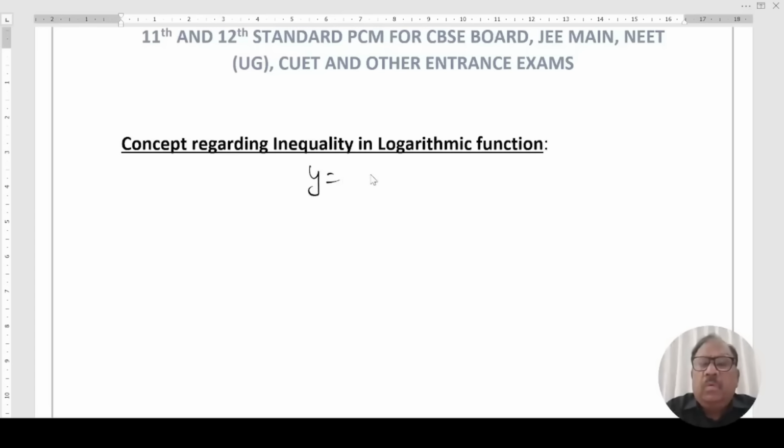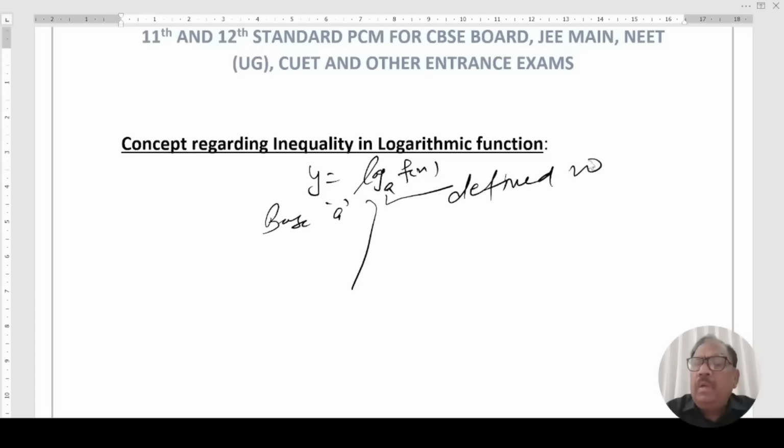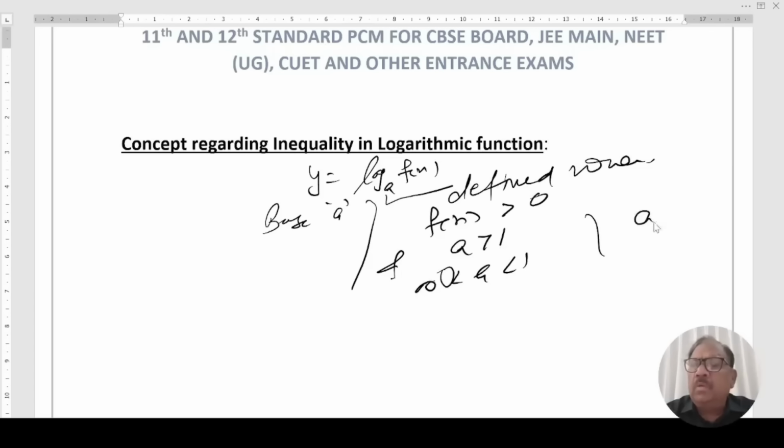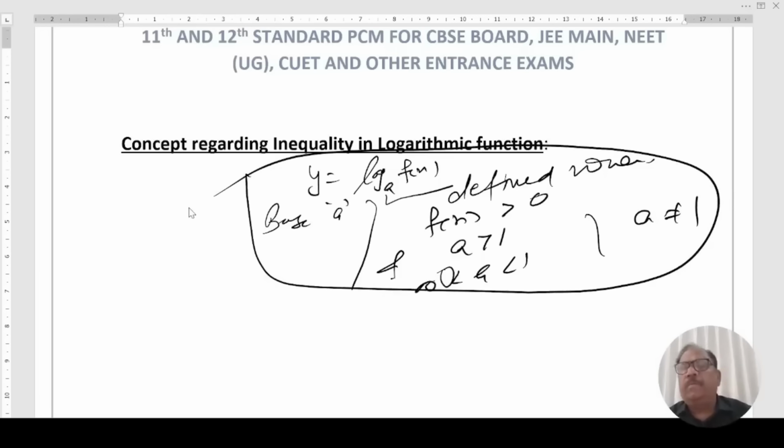Concept regarding inequality in logarithmic function. y equal to log base a of f(x) is defined when f(x) is greater than 0 and a is greater than 0, a should not be equal to 1. These conditions should be satisfied, right?